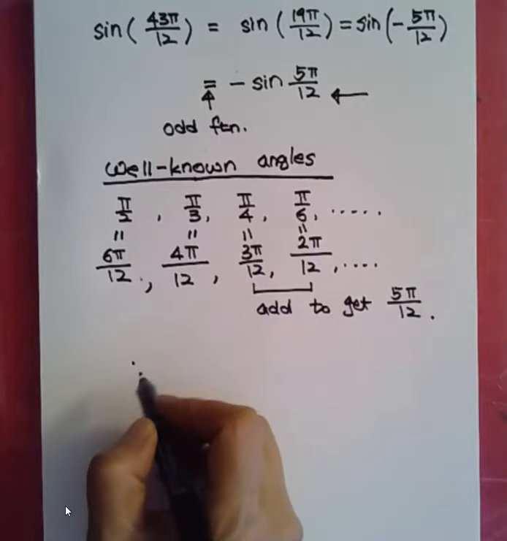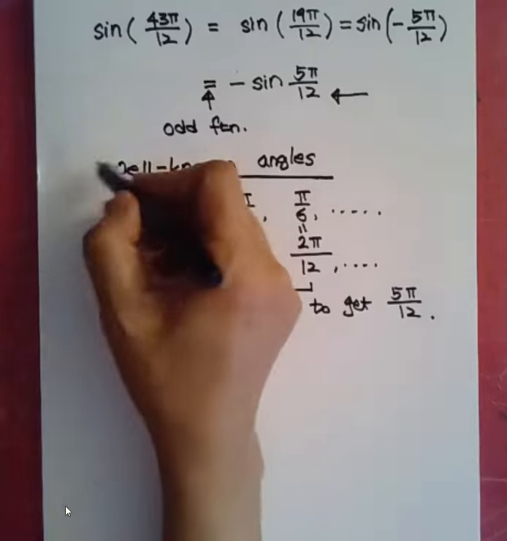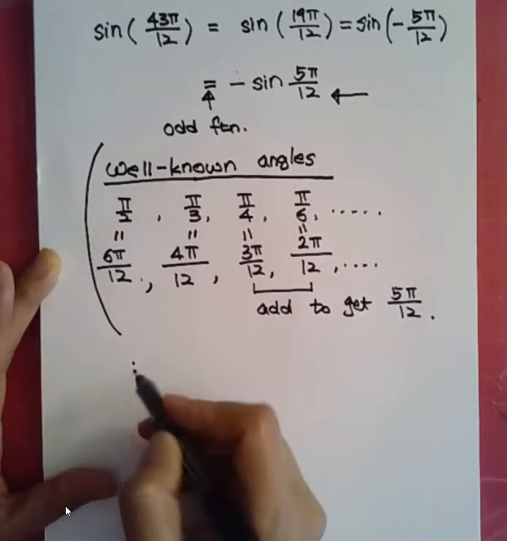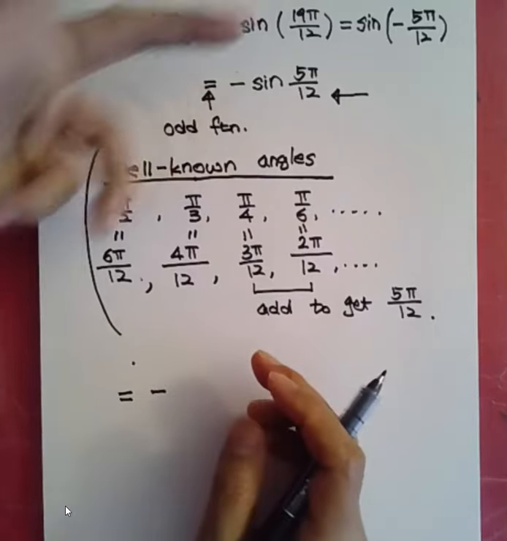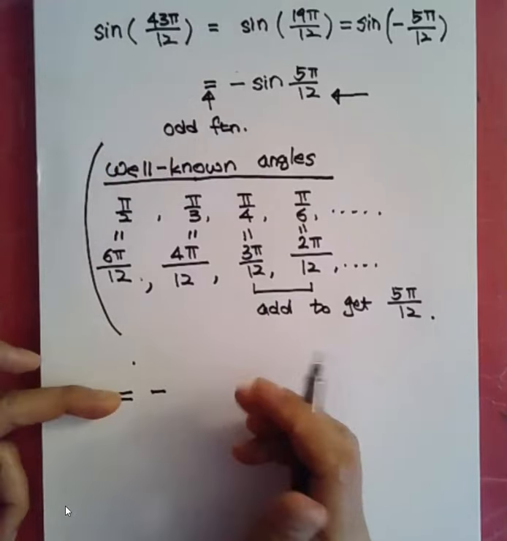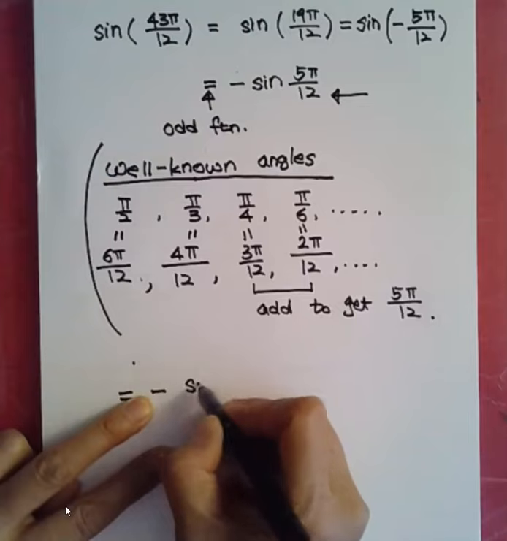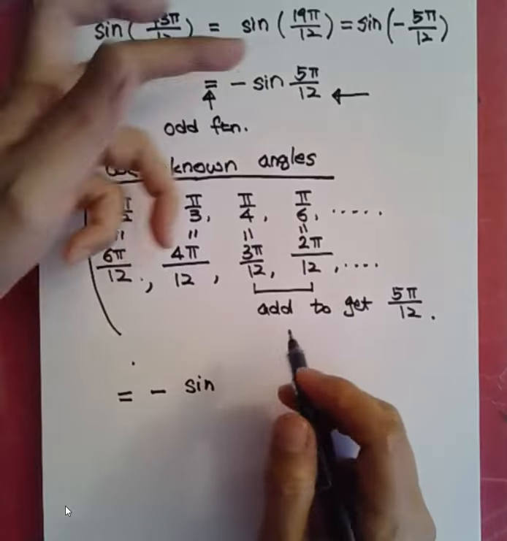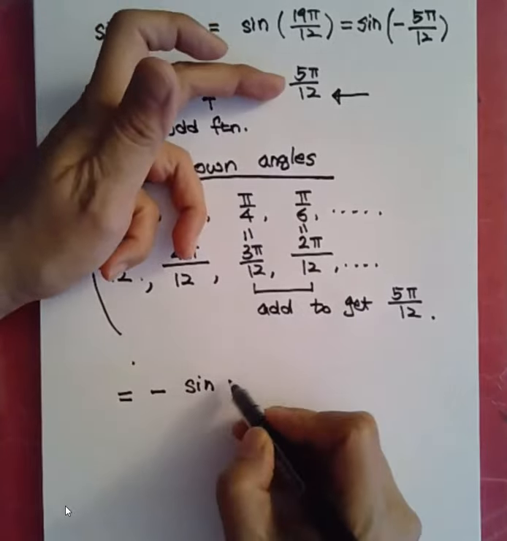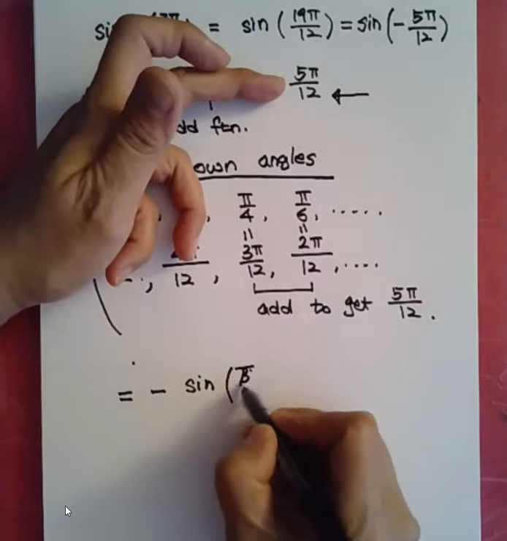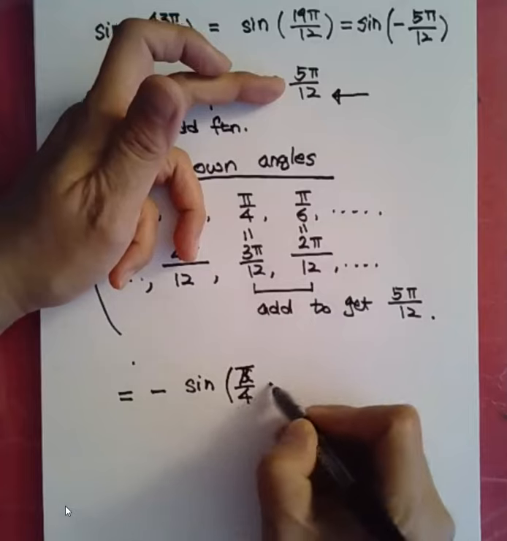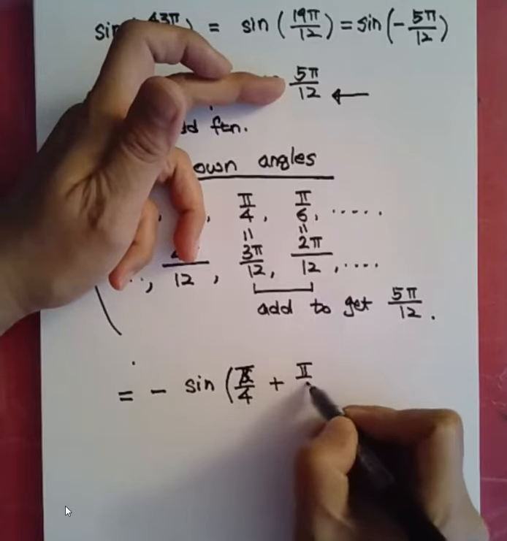If we rewrite that, minus sine of 5 pi over 12 can be written as minus sine of pi over 4 plus pi over 6.